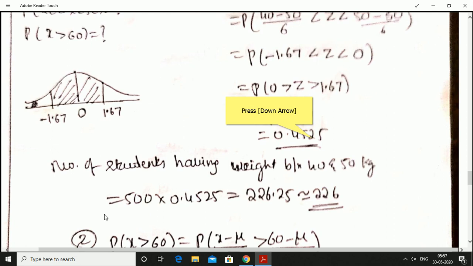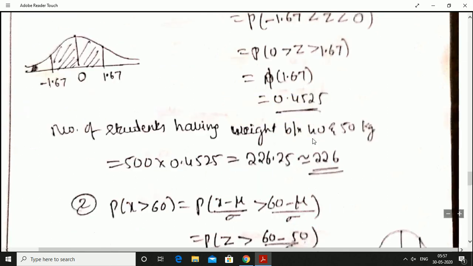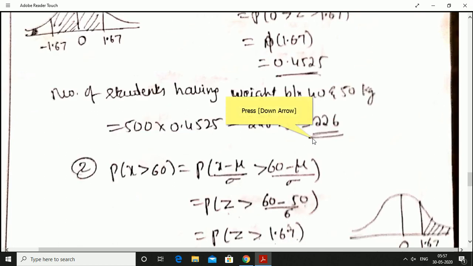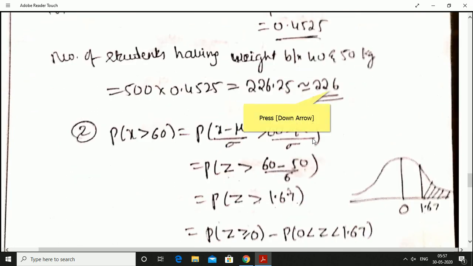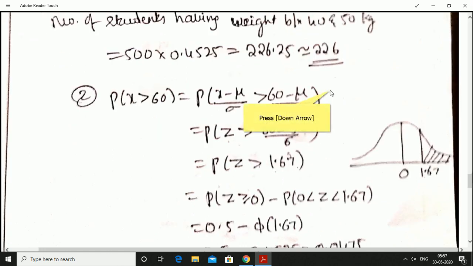Definitely it's equal to 0.4525. For 1.67, if you look at the value, it is 0.4525. The number of students having weight between 40 and 50 kg is equal to 500 into 0.4525, approximately equal to 226 students.